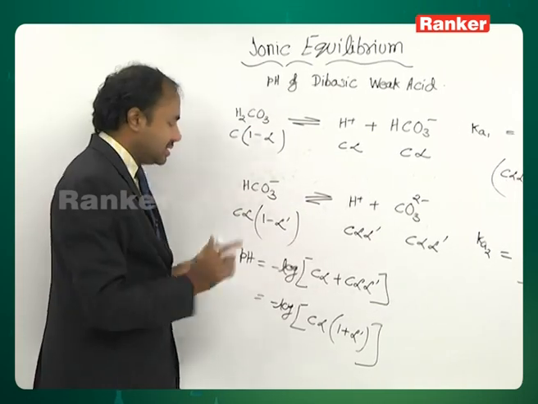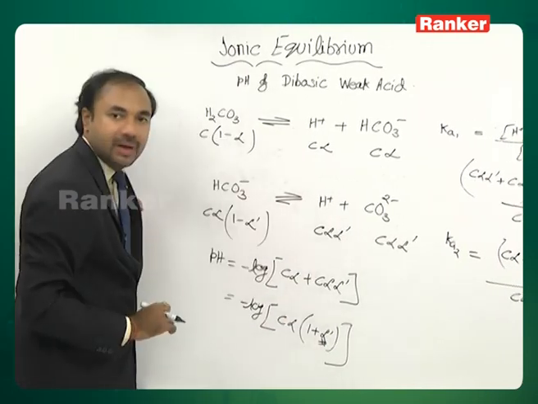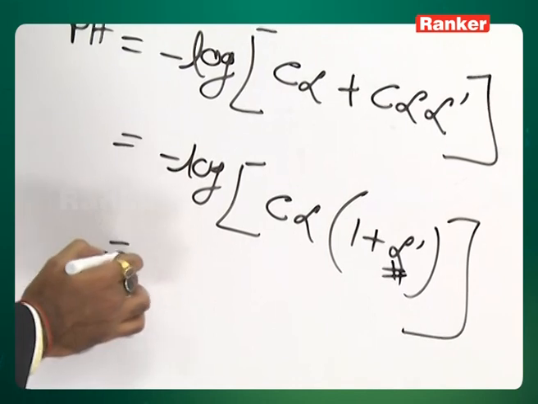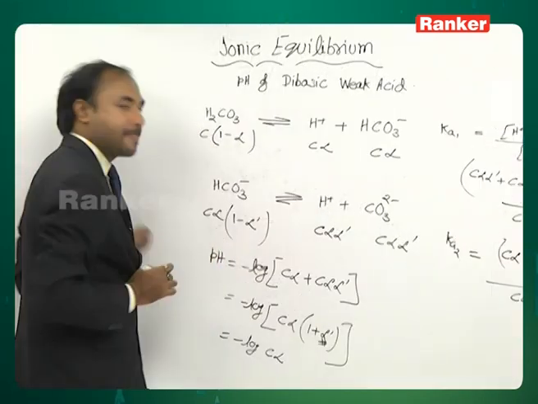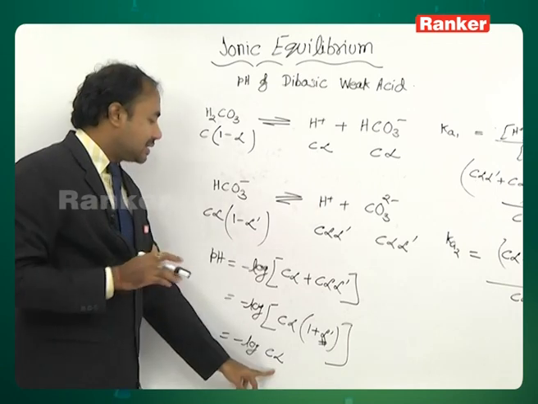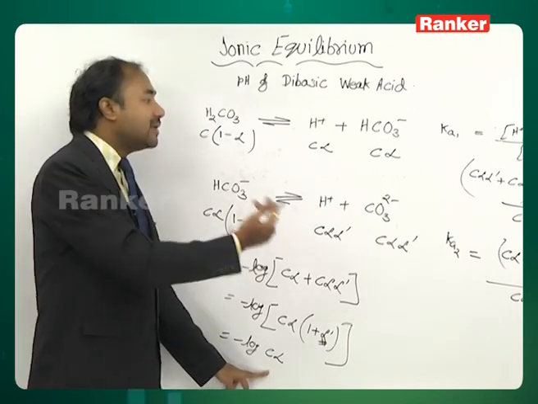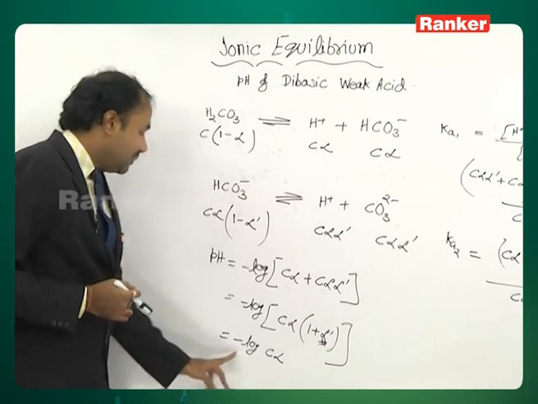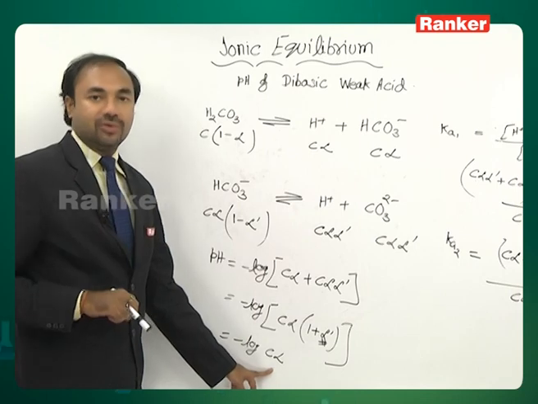If we neglect alpha dash as compared to 1, we get pH equal to minus log of C alpha. So there is actually no need to calculate alpha dash, but unless you calculate alpha dash, it becomes difficult to calculate alpha. Simply this value, minus log of C alpha, will give you the pH of this solution.